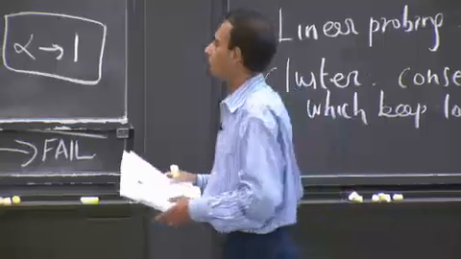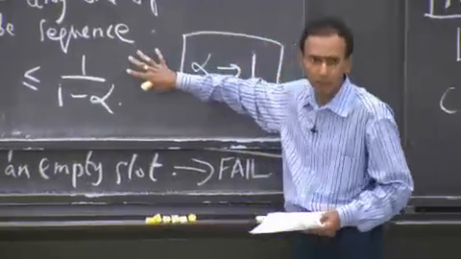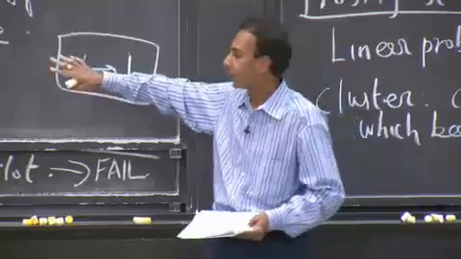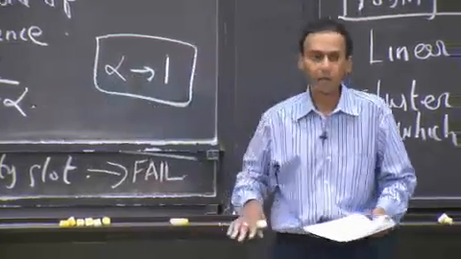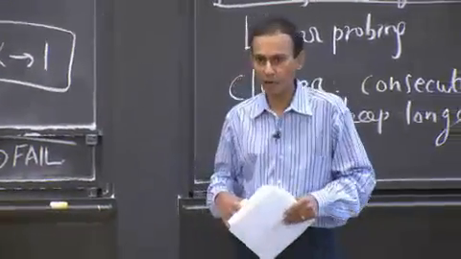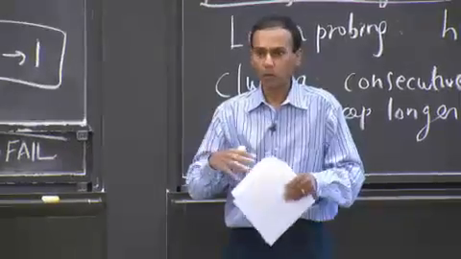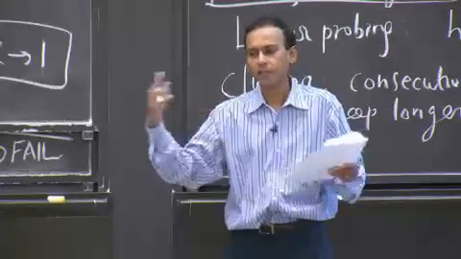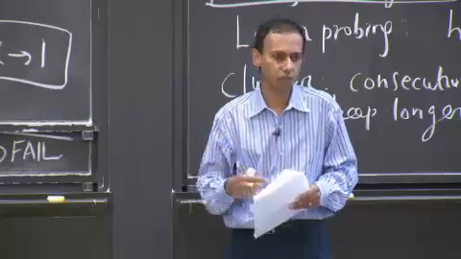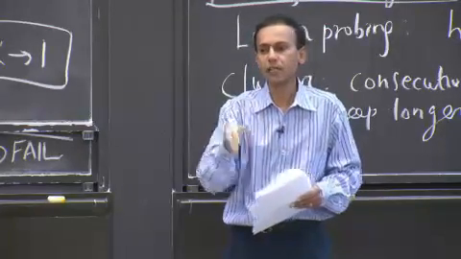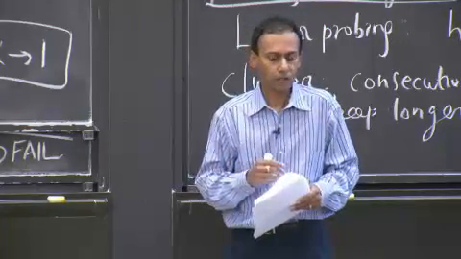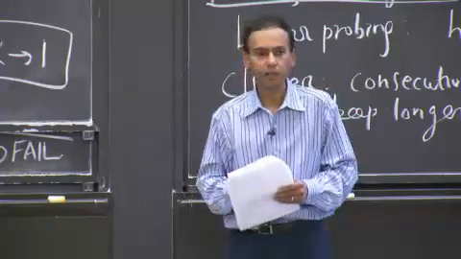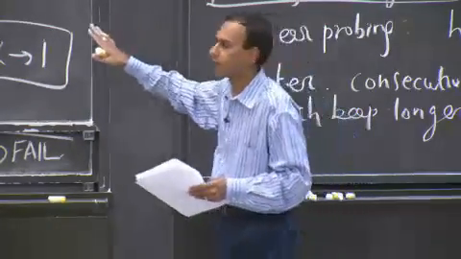Okay? So open addressing is easy to implement. It uses less memory because you don't need pointers, but you better be careful that your alpha stays around 0.5 and no more. So all that means is you can still use it. You just have to resize your table. You have slightly different strategies for resizing your table when you use open addressing as opposed to chaining hash tables.